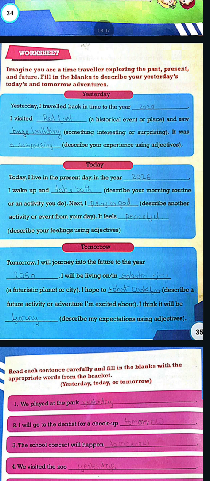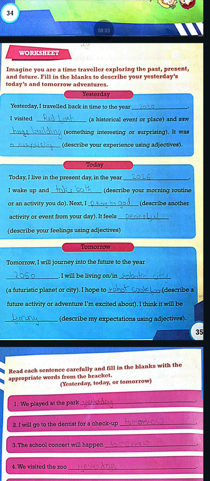Now, I visited Red Fort. So in the blank is given a place or a historical event. You could write I visited the Taj Mahal or the Mughal Empire or anything, and saw something interesting that you found. So if you said Red Fort, you saw a huge building.